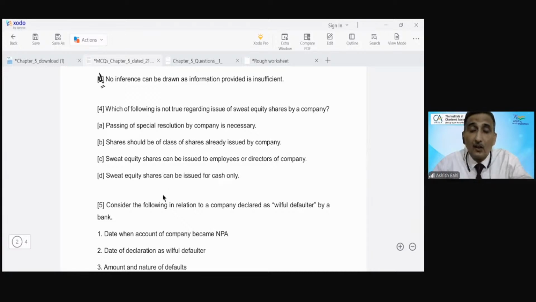Guys, you have not just to pass in auditing, but try to score 60 plus marks. Yes, all of you are answering correctly. Kiran Kumar ji, Deep, Dilip, Sahu, Apurva, Sanya, Tejaswini, all of you are right. Sweat equity shares can be issued for cash only. This is the wrong option. This is not true. They can be issued for consideration other than cash. Okay.